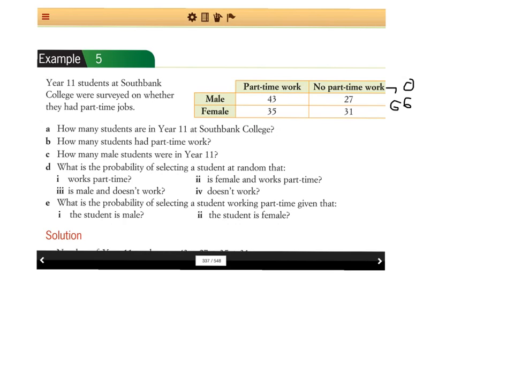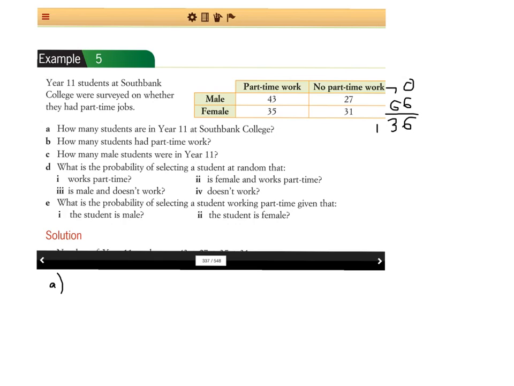And while we're at it, let's add up the total, 70 plus 66. You might need to grab a calculator for this one, guys, that's going to be 136 students in total.